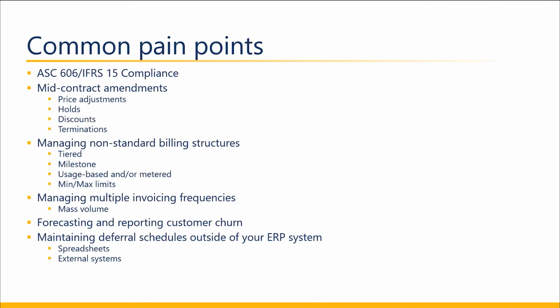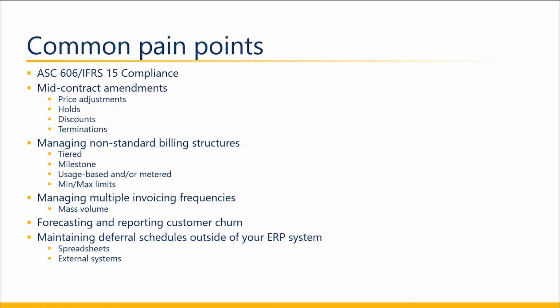Getting into some of the common pain points we see with some companies within those industries. First and foremost, those that need to comply with those revenue standards that were introduced a few years ago in ASC 606. Alongside the need to amend contracts mid-term within Business Central, which isn't so straightforward without the ARC-B module.